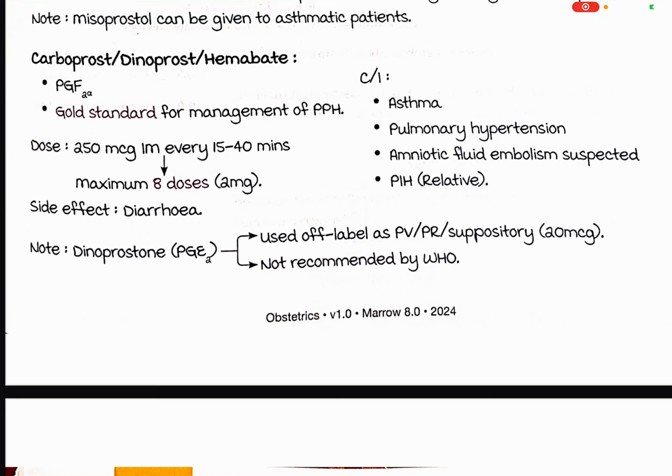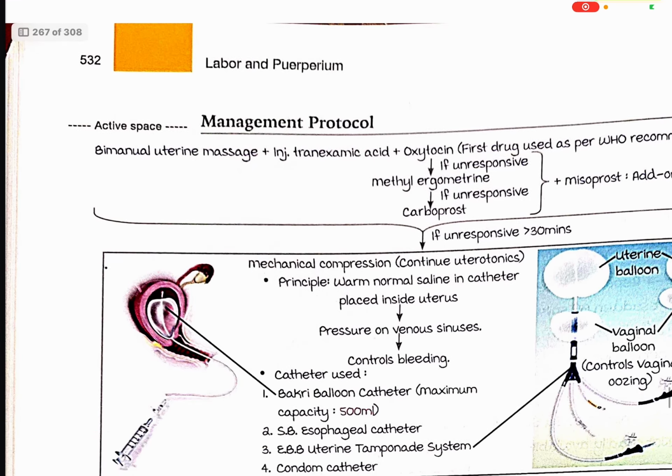Contraindications: asthma, pulmonary hypertension, suspected amniotic fluid embolism; pregnancy induced hypertension is relative. Dinoprostone, PGE2, is used off-label PV or PR as a 20 microgram suppository. Not recommended by WHO.